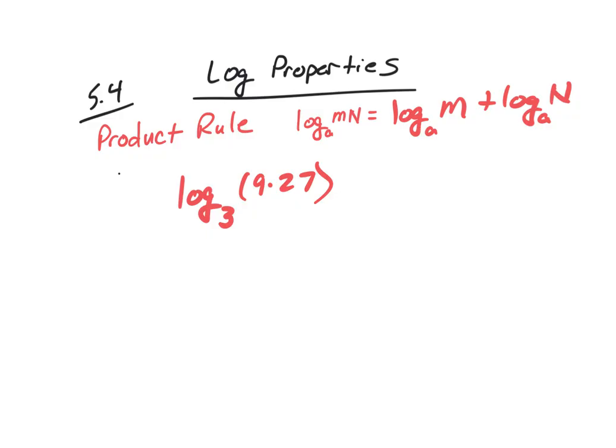And we have two numbers here, so we are going to separate it. And we keep the log base 3 on both of them. And I put the 9 here and 27 here. It really doesn't matter which one goes where, but I'll just put the 9 first because it came first in the product.